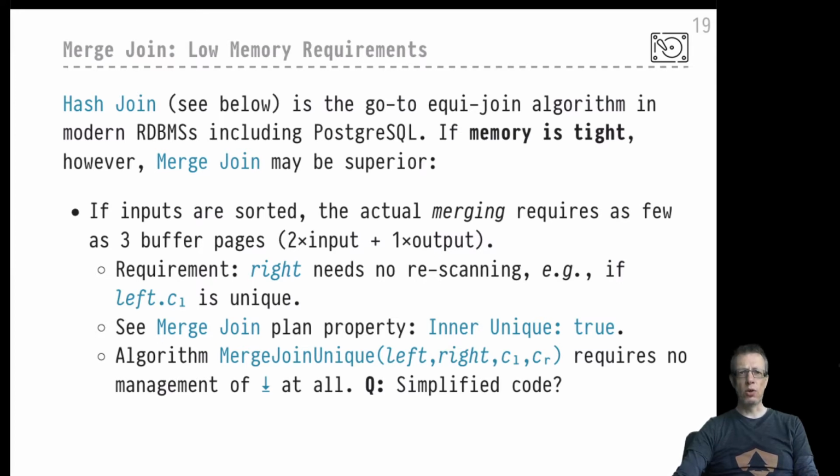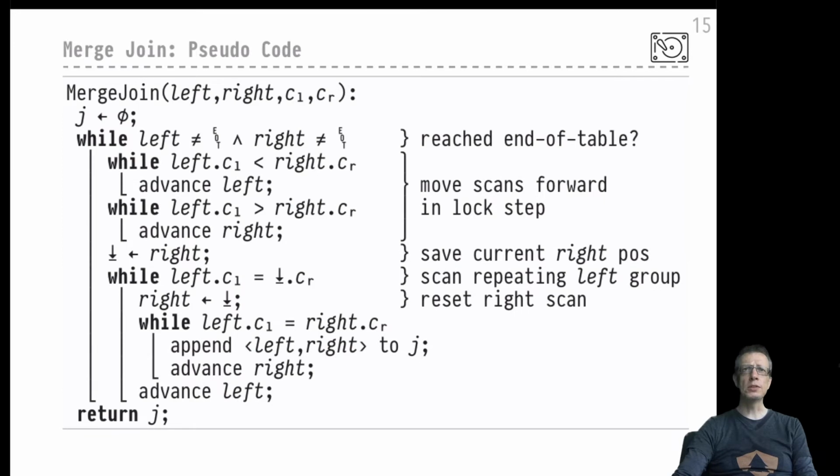Indeed, we can also simplify the merge join algorithm itself. If you recall the pseudocode for the merge join algorithm, let me check. There it is. If you recall, there were quite a few bits here that were concerned with the management of the rescanning.